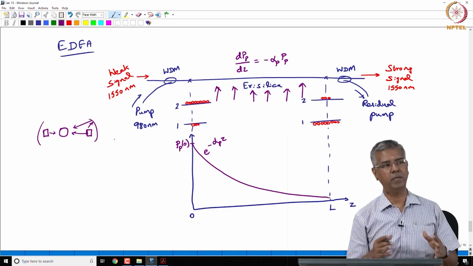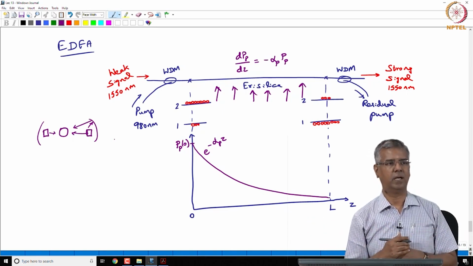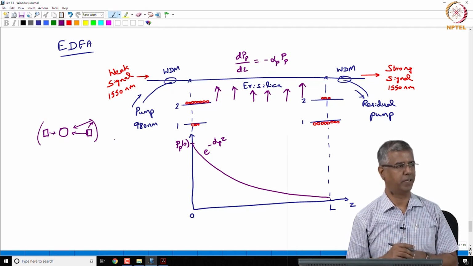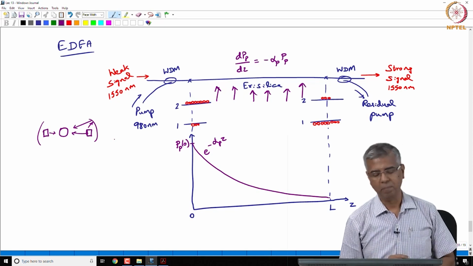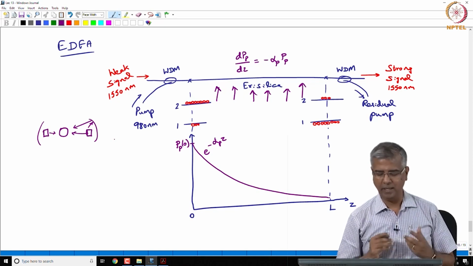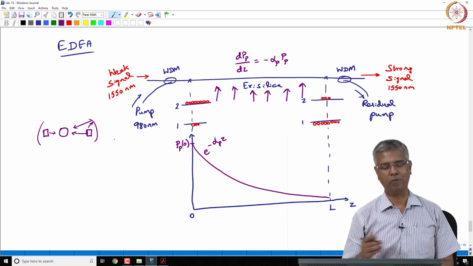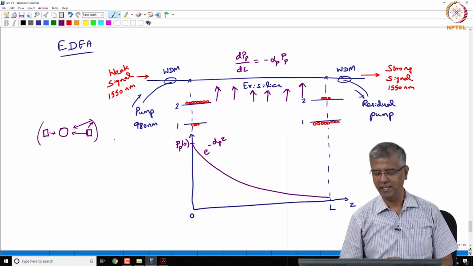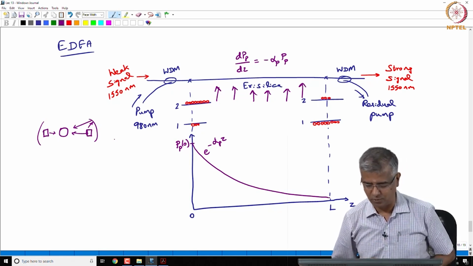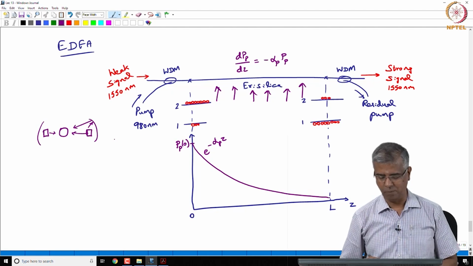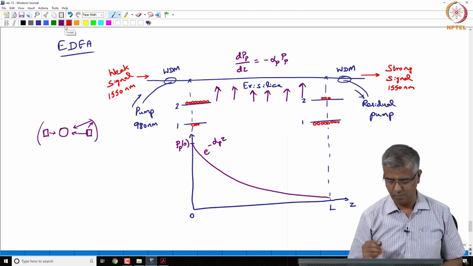That would be called a counter pumping configuration. So, the question is, how would that help? Actually, that is probably a preferred configuration. Why? Let me hold on to that thought for a minute. Let me just complete what I was going to say here as far as the signal is concerned, and then it will become obvious.